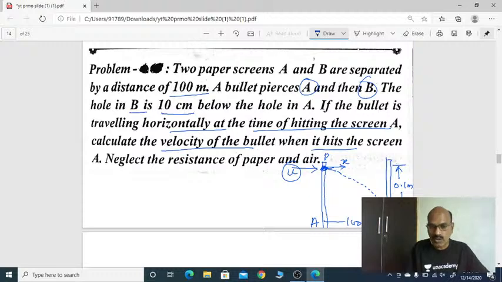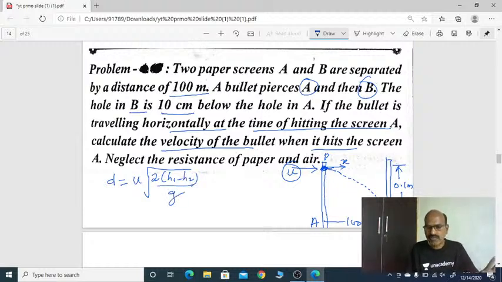Okay, we know, just now we discussed the formula. When we project from the top of one tower to another tower, we know the distance is u into root of 2(h1 minus h2) by g. That's it. Direct formula.